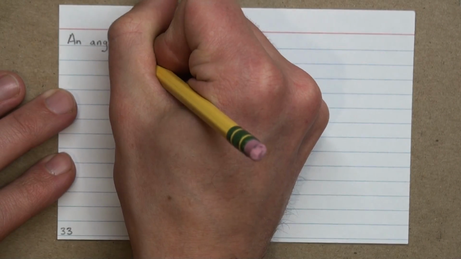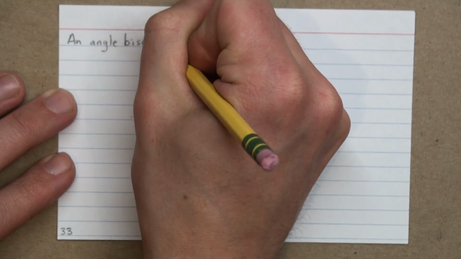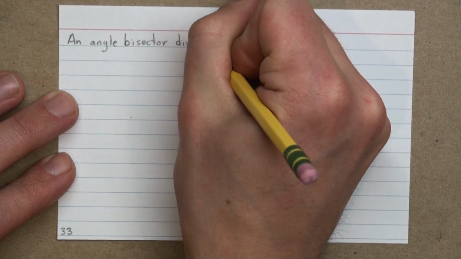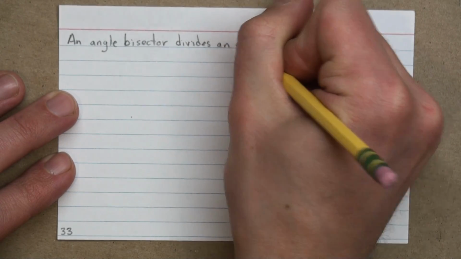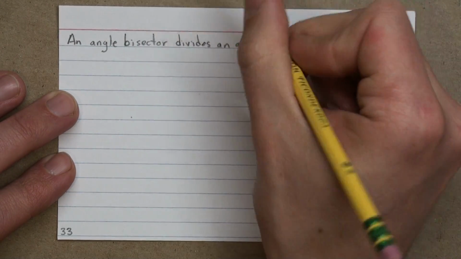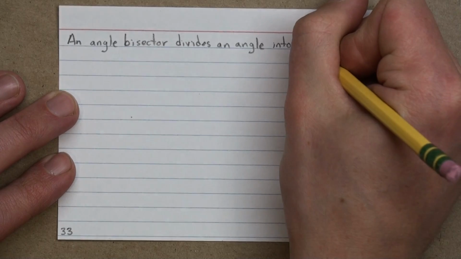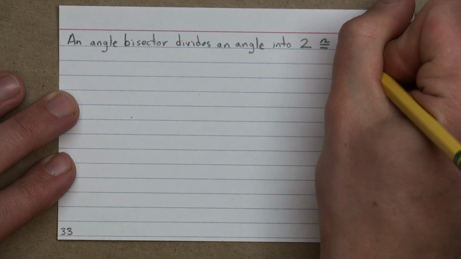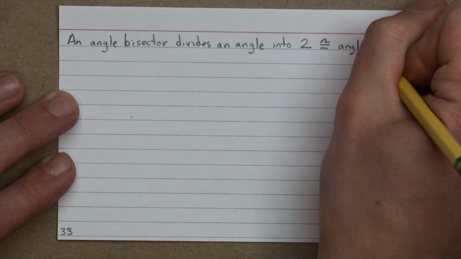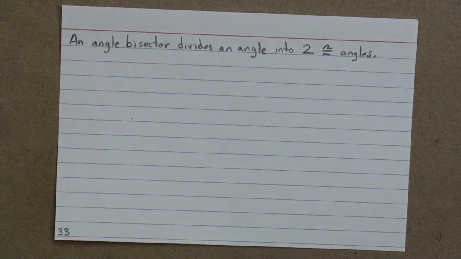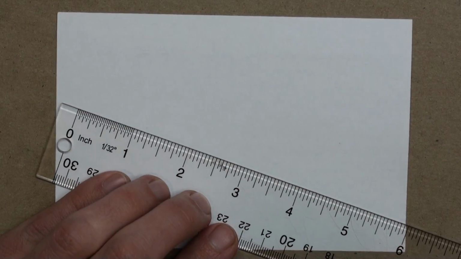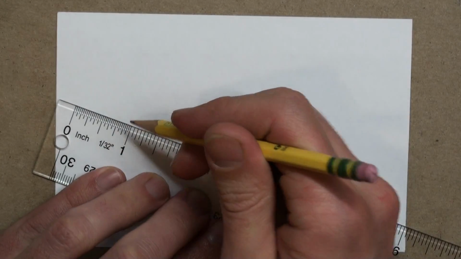An angle bisector divides an angle into two congruent angles. Okay? And let's draw a picture of this on the back. You should be familiar with this already, but let's draw a picture.